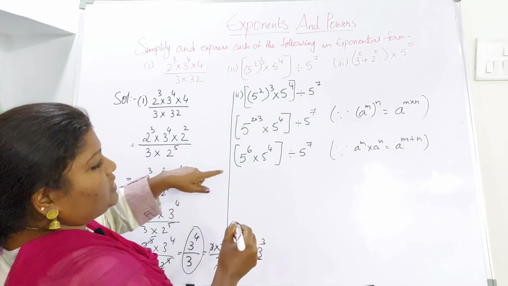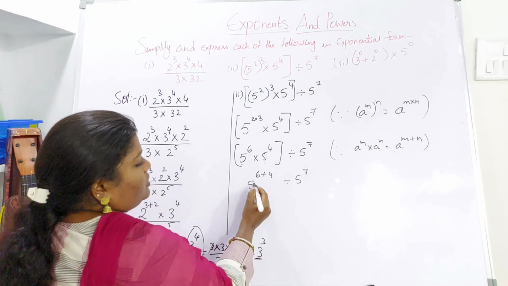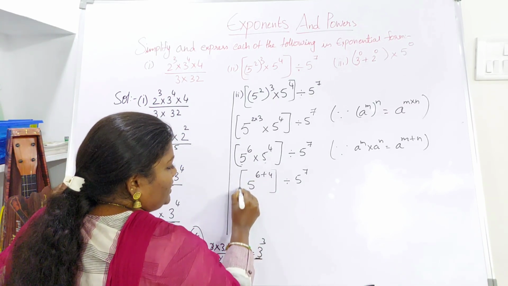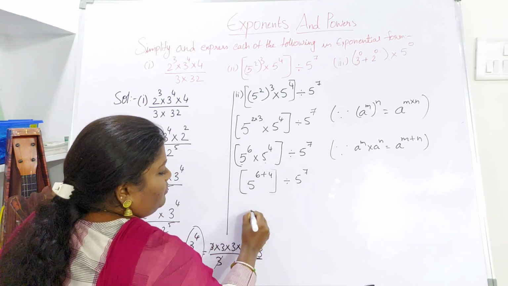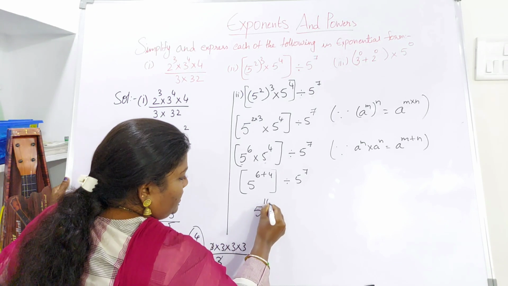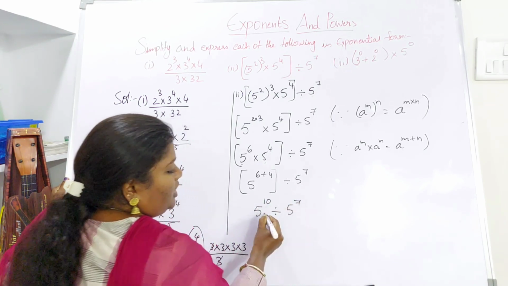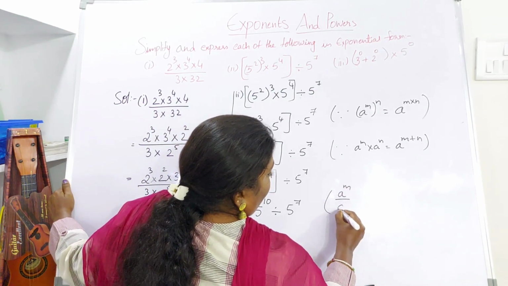Yes, so the next step. Now because the bases are same, add the powers. So 5 power 6 plus 4, whole divided by 5 power 7. Now this is nothing but 5 power 10 divided by 5 power 7. Now this is in the form of a power m by a power n.